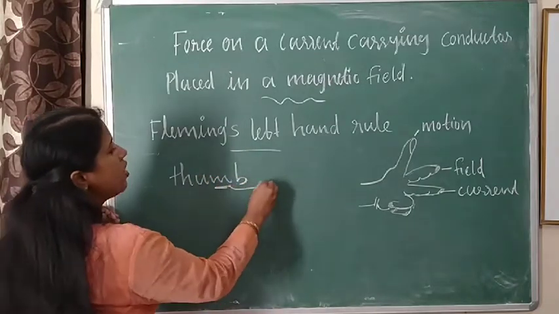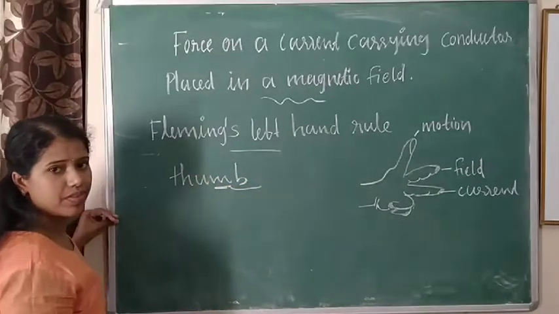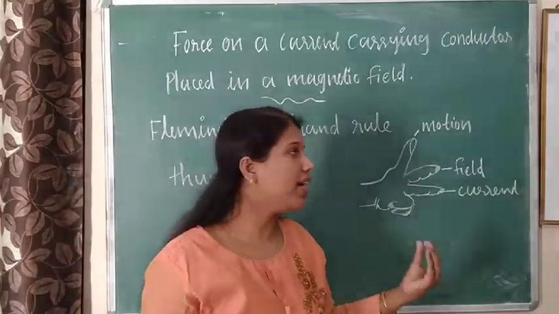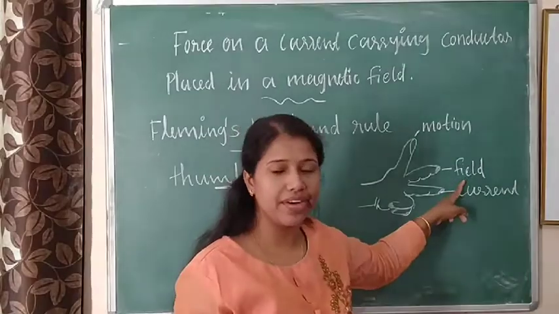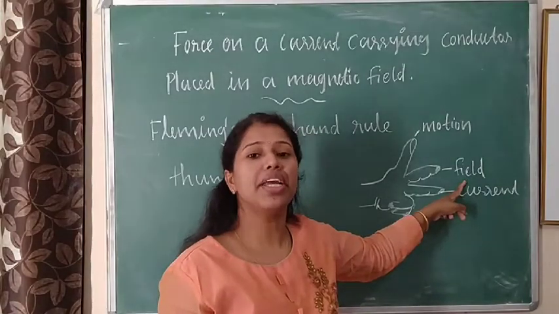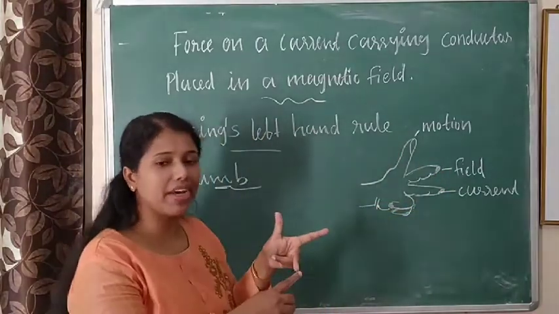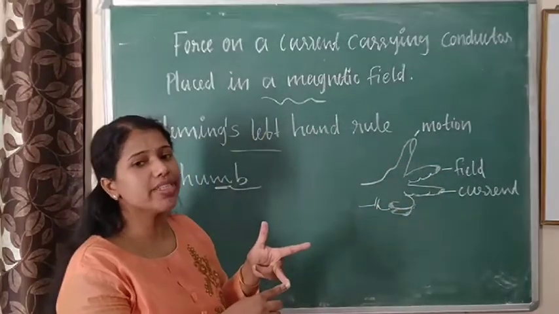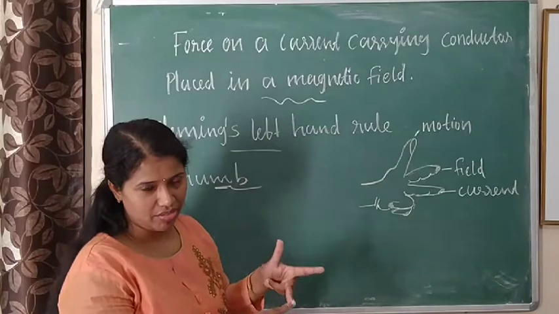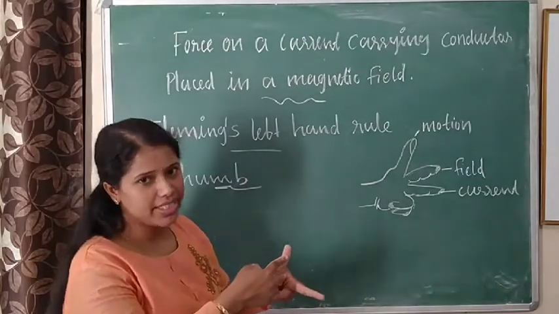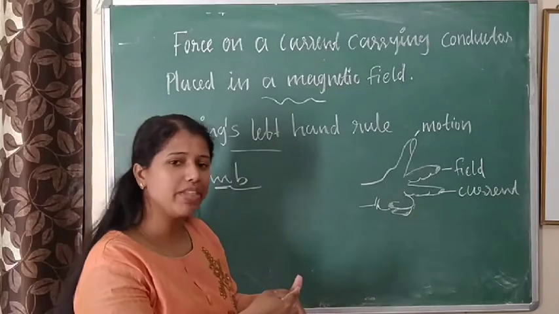M, that is motion. Next, the forefinger gives the direction of the field, meaning the magnetic field. The third one, the center finger, gives the direction of the current. Thumb is motion, motion means force.